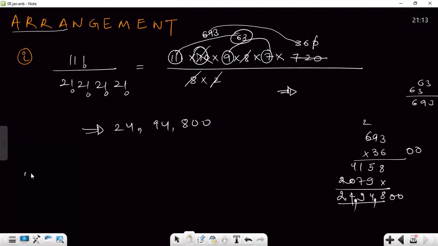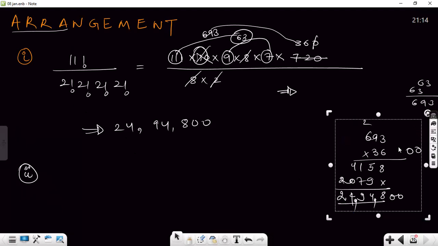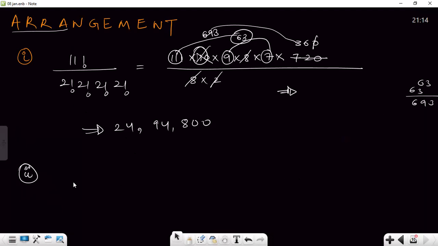Let's move forward to the second part, which asks from us: in how many ways of these do the vowels occur together.